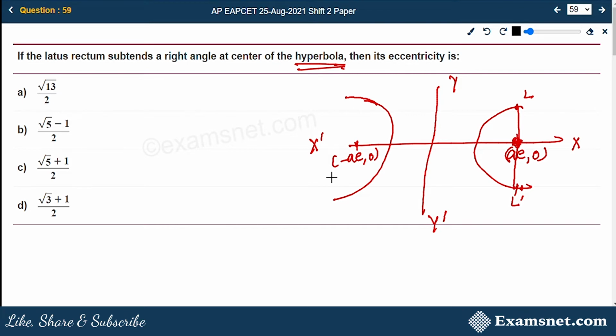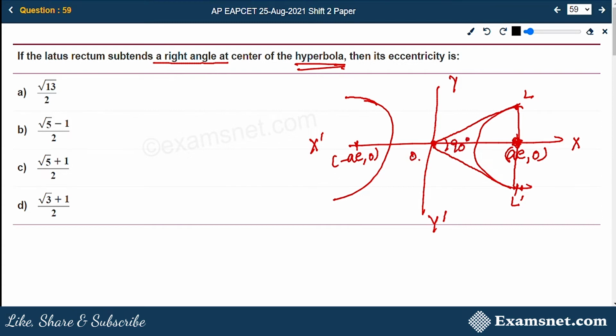Okay. Now what we are given is that this latus rectum subtends a right angle at the center of the hyperbola. This is the center of the hyperbola. So it's given that it subtends a 90-degree angle at the center.